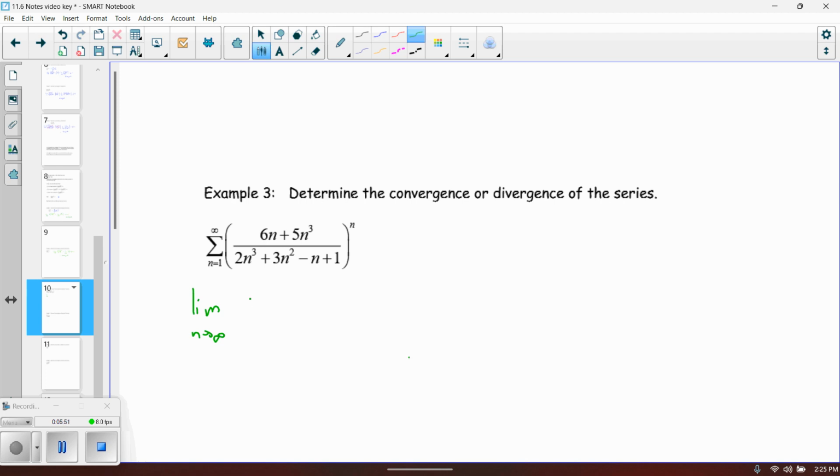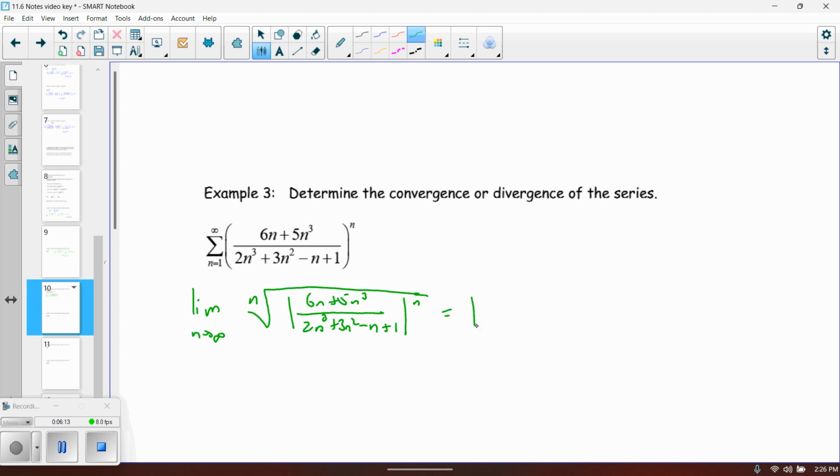So this will be the limit of the nth root of the absolute value of the a sub n term to the nth power. Well, again, nth root, nth power go away.